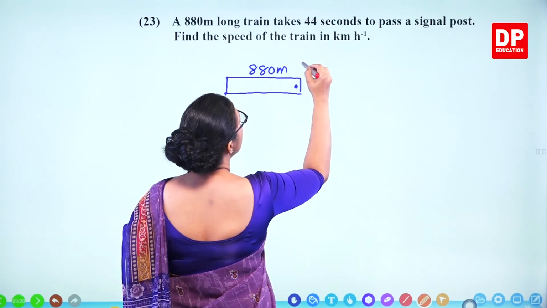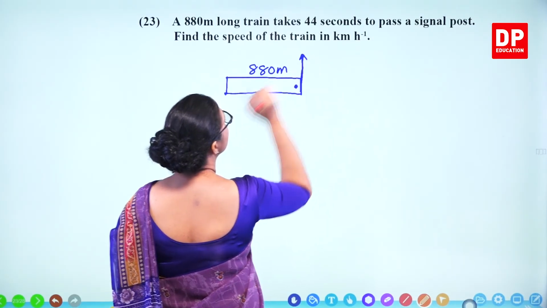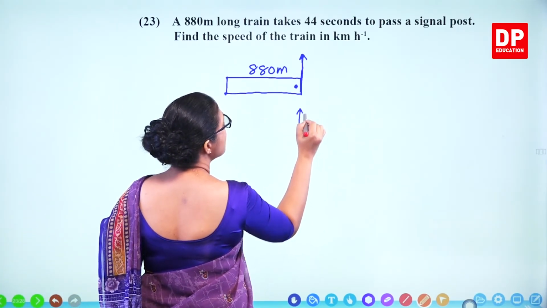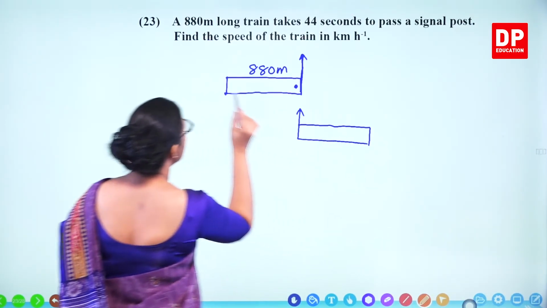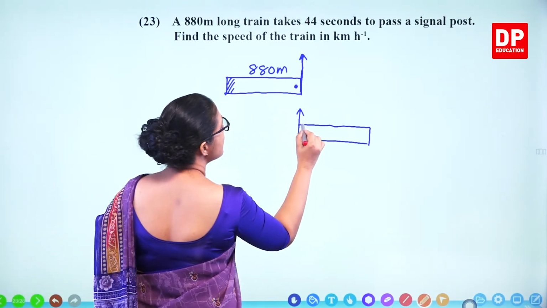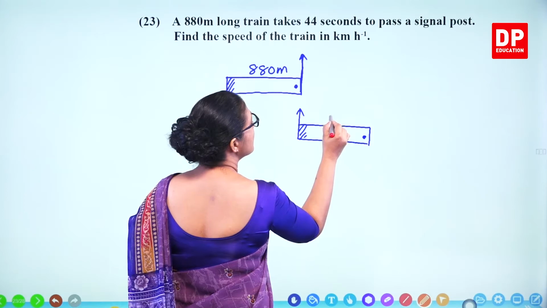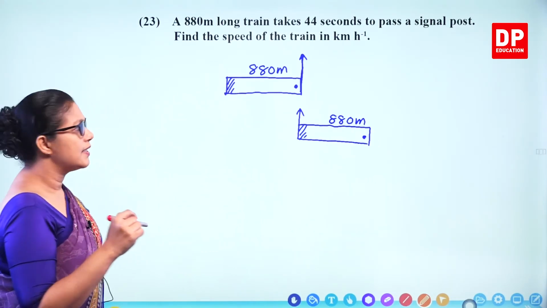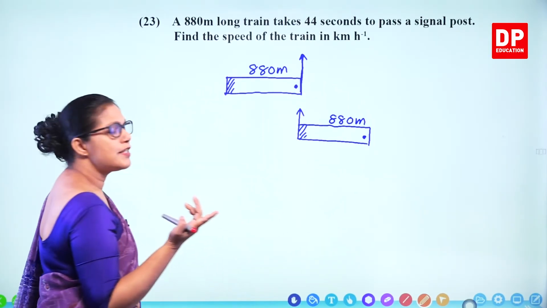And here, this is the post, signal post. So the train passes the signal post means the end point, we'll mark it like this, that should come here. And this is the front. So that means what's the total distance traveled? Here to here. So 880 meters.